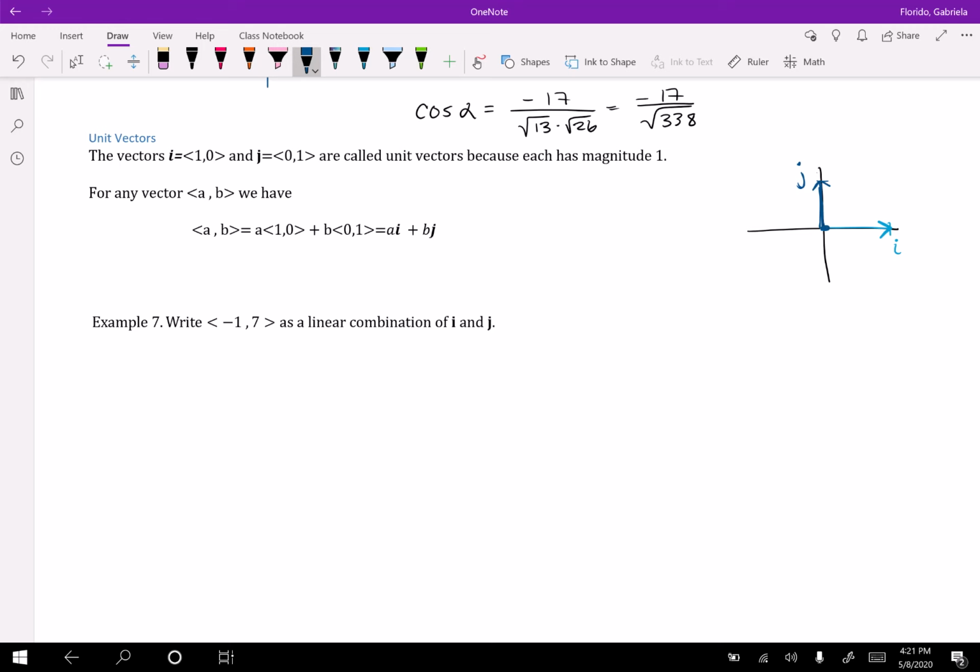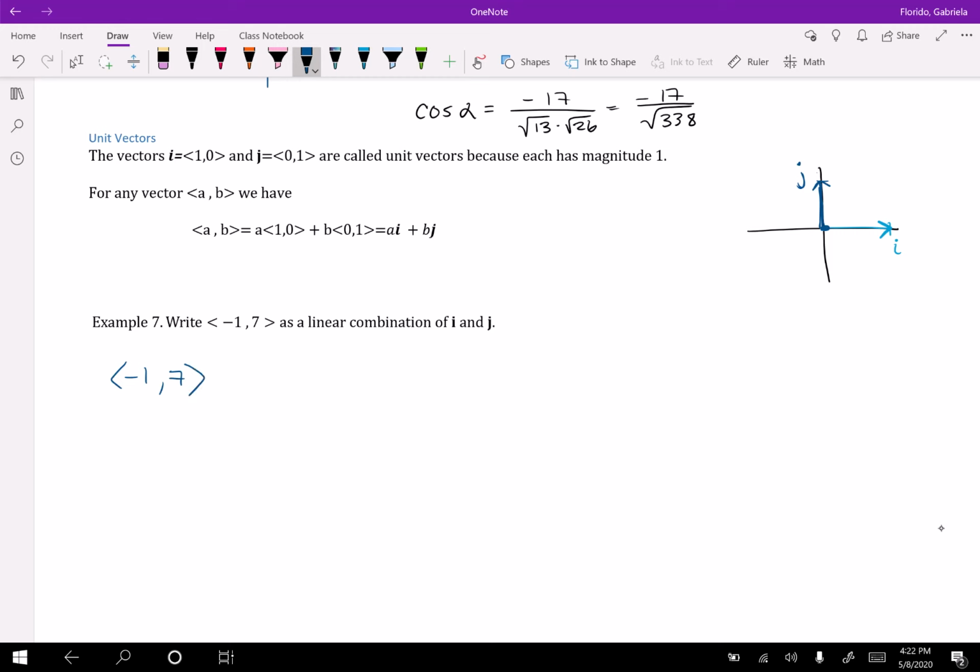Let's play around with this idea of linear combination. Let's suppose that we have the vector -1, 7. We want to write it as a linear combination of i and j. What that means is if we multiply by a scalar and sum them up or subtract them, we're going to be able to get the original vector back.